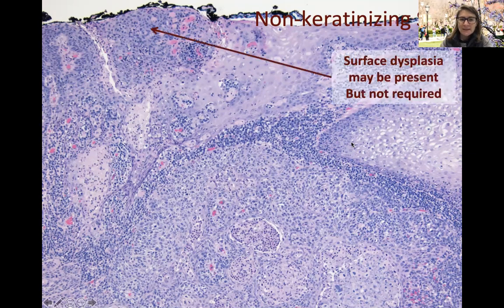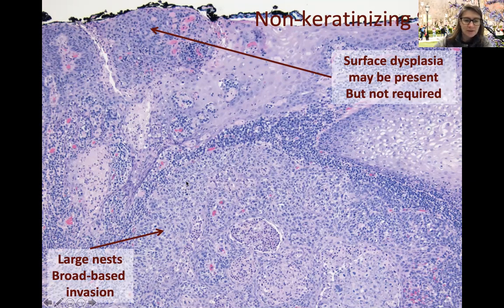In this case, you may or may not see any surface dysplasia, but you will see these deeper, very blue nests that are considered to be broad-based invasion by tumor. So this entire nest, as I'm highlighting here, is all invasive squamous cell carcinoma. This on the top right here is essentially normal squamous epithelium, and this here is your lymphoid stroma.